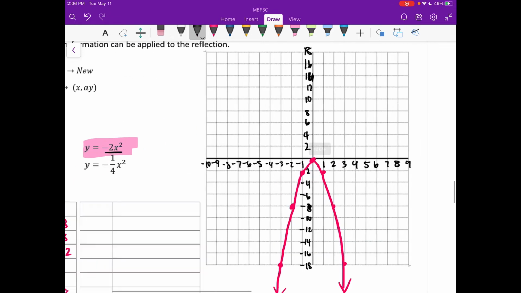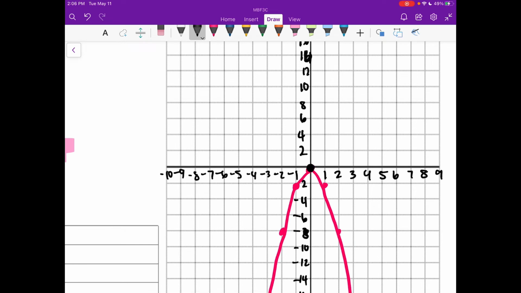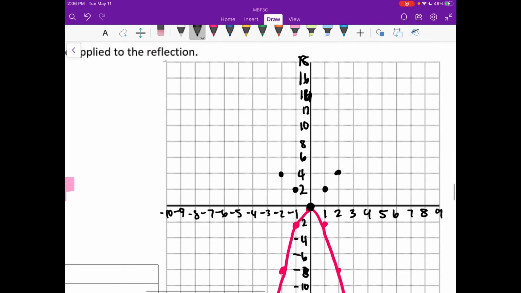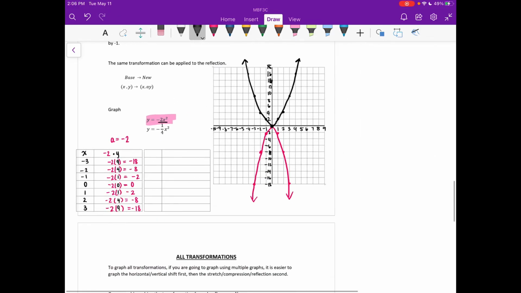And normally my graph would look something like 0, 0, negative 1, 1, 2 would go up to 4, 3 would go up to 9, so just right here. All right, so it looks something like this normally. So you'll notice that this graph is thinner and it's reflected over the axis.